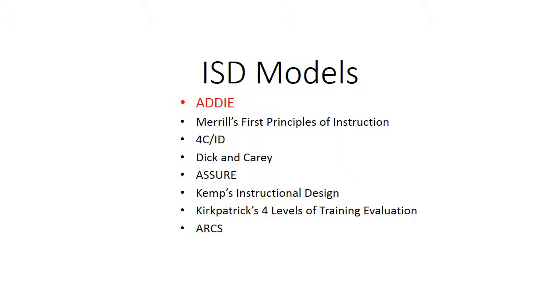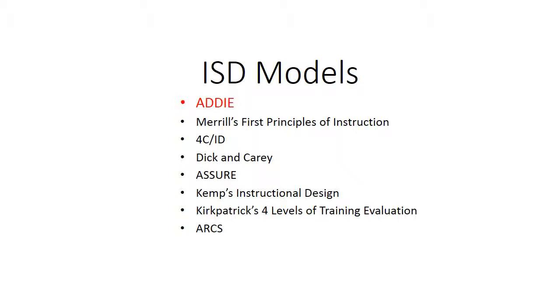Then we have Kemp's instructional design. It was originated by Jerrold Kemp, and it has 9 components. It's a cyclical model of planning, designing, development, assessment. Then we have Kirkpatrick's 4 levels of training evaluation, developed by Donald Kirkpatrick, and it also has 4 levels: reactions, learning, transfer, and results.